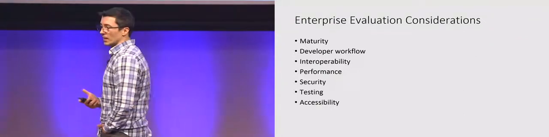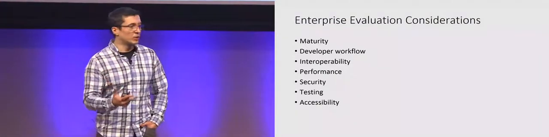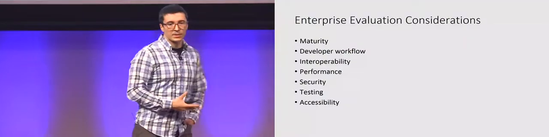So I talked a little bit about enterprise scale app development, and some of our evaluation criteria is maybe different than an average app. In terms of maturity, for example, we care that the platform is going to be there. We cannot just port everything if, say, we were developing on Flutter and Google decides that they'll no longer support it. In terms of developer workflow, we want to look at how naturally the development tools will integrate with our existing toolchain, how these features will integrate with our existing apps.